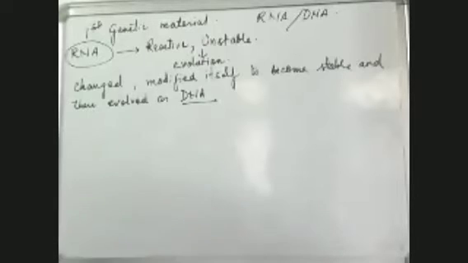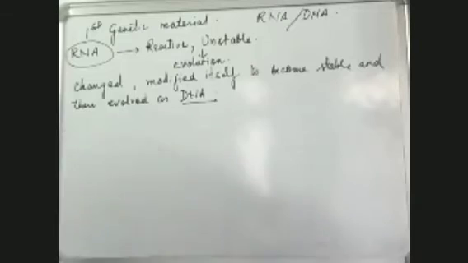Some amount of cytosine gets deaminated. That means from the cytosine, which is a nitrogenous compound, the amino group gets detached and it gets converted into uracil.